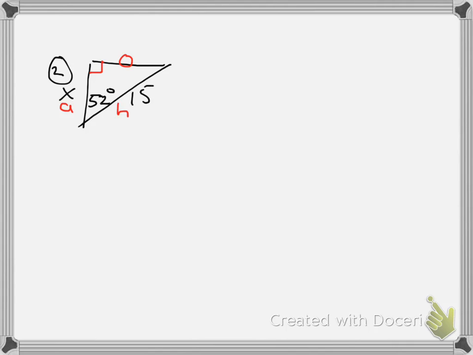Okay? So SOHCAHTOA. Are you getting tired of that? Well, it won't go away. Your life in math will always be SOHCAHTOA from now on. And we need to look at what we've got here. The hypotenuse is a number, but we want to find x. So we need A and H. Which one has A and H? Well, this one does.